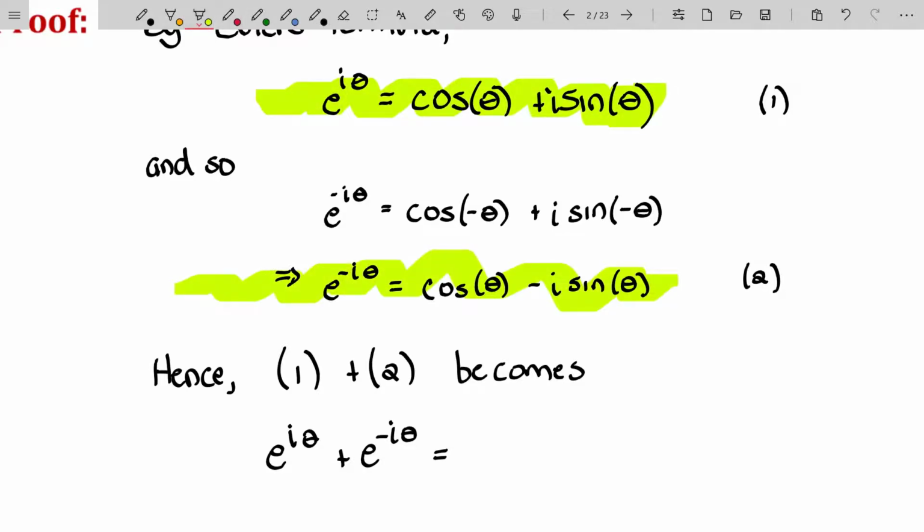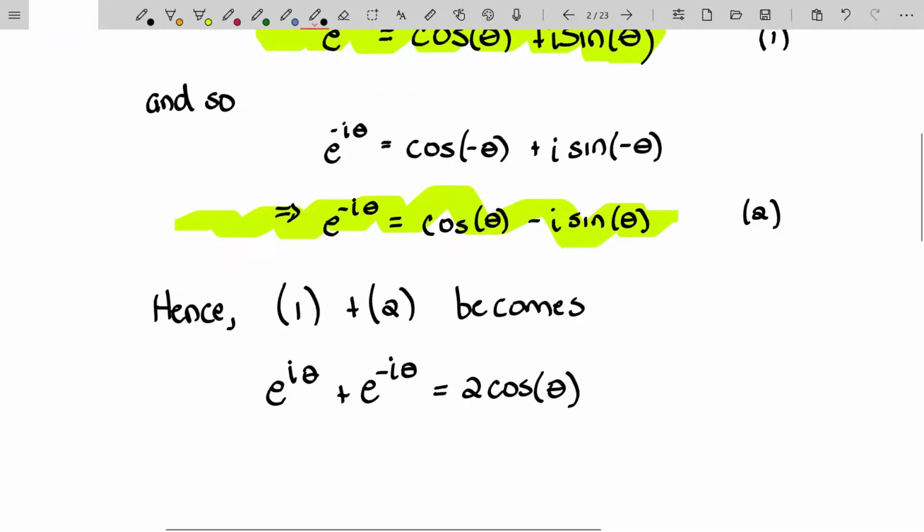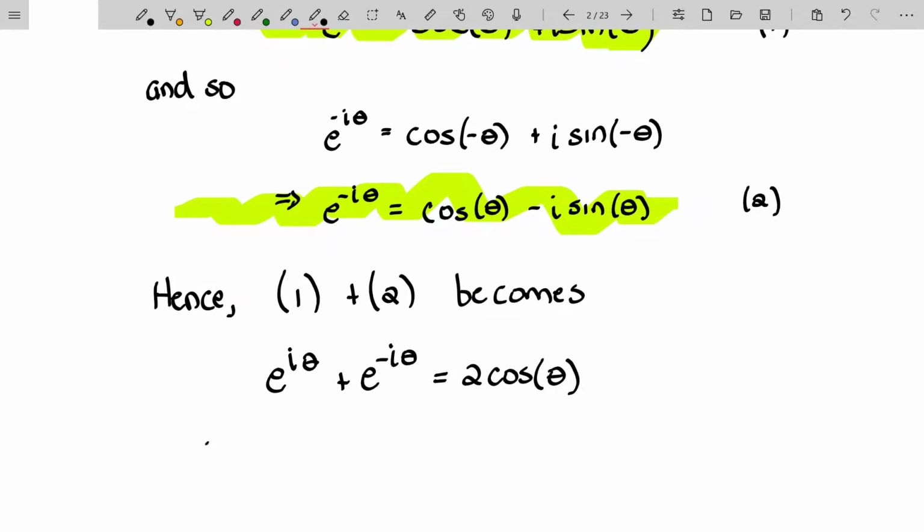On the right-hand side, you'll have two of those cosines of theta, and the i sines of theta are of opposite sign, and so they cancel. Dividing both sides by 2, you'll get e to the i theta plus e to the negative i theta over 2 is equal to the cosine of theta.